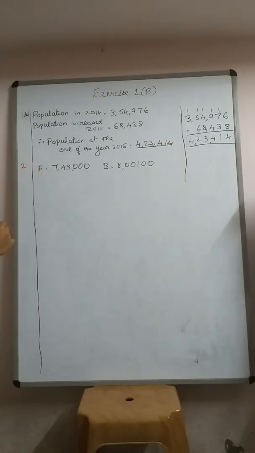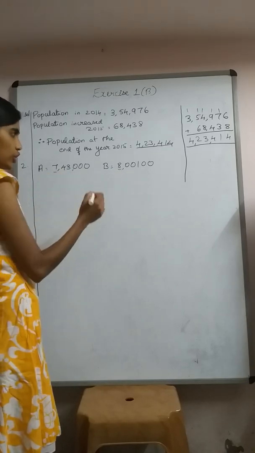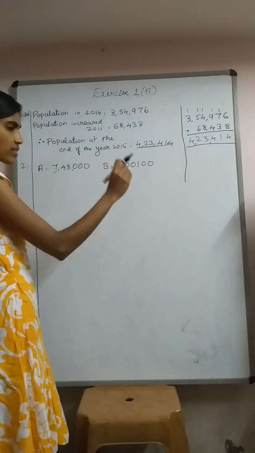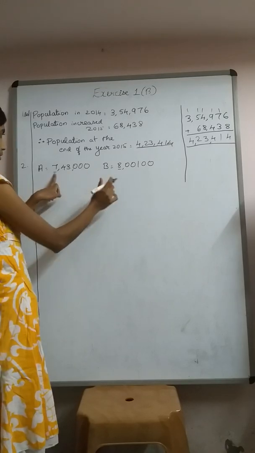So, first let us find which is greater. You know a method. Previously, I taught you comparisons. When you compare the leftmost place of a number, you will understand that the number which is greater is the largest number. Now here 7 and 8.